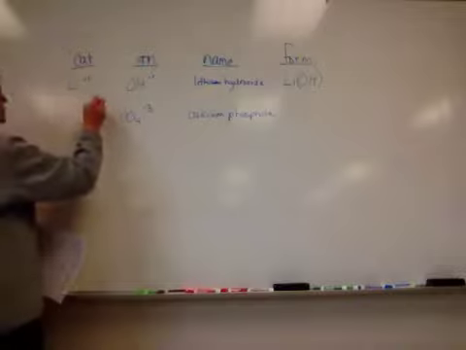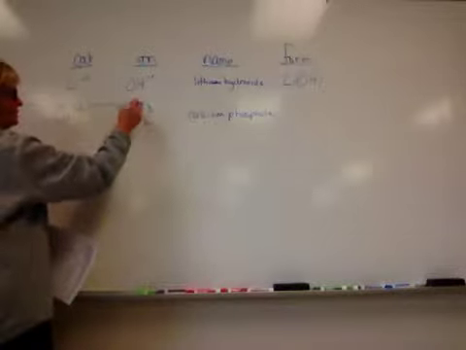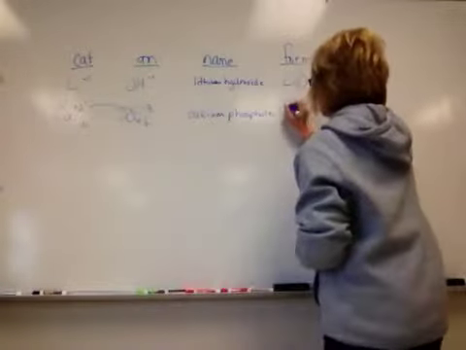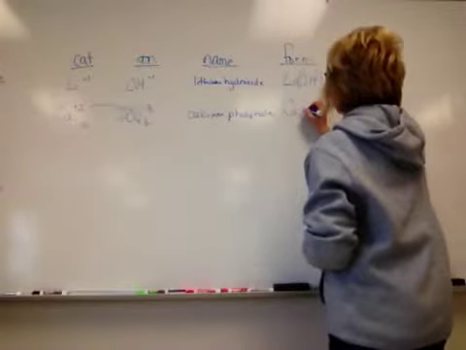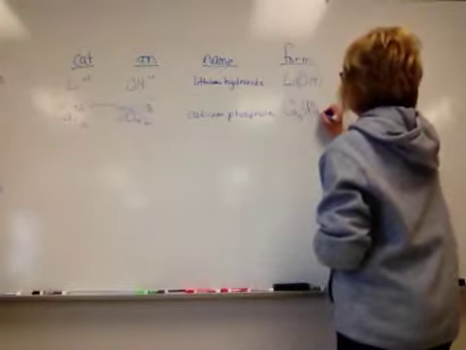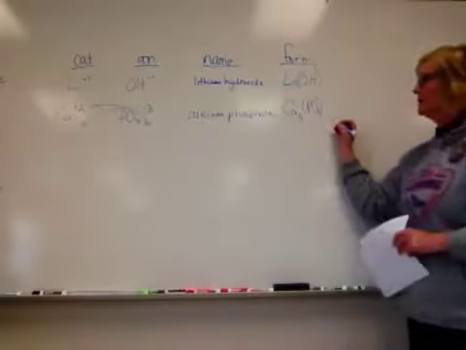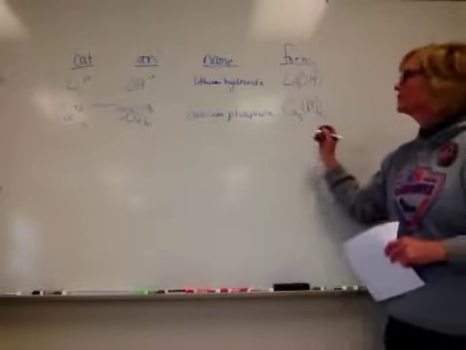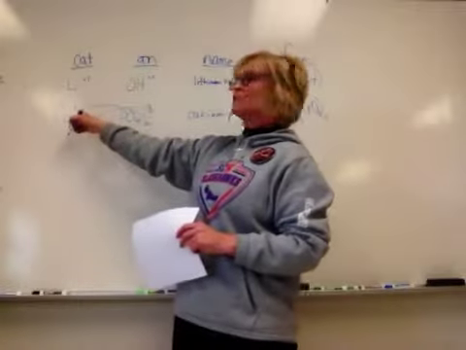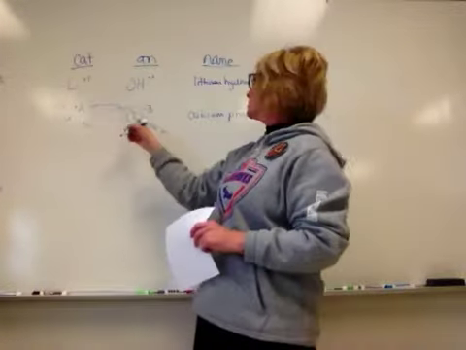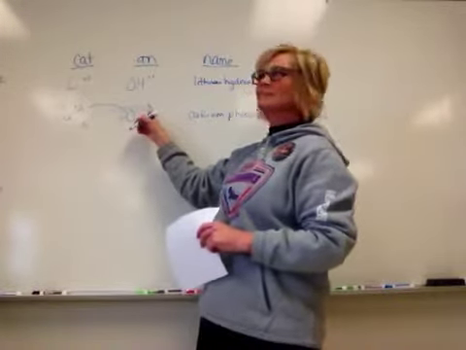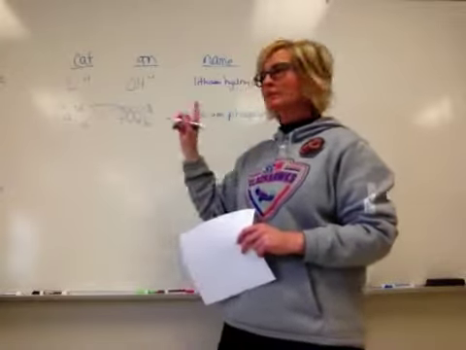To do the formula, I would do the cross down. So I would need how many calcium? 3. And I would put my phosphate in parentheses and need how many? 2. 3 times 2 gives me 6. 2 times 3 gives me 6. It's balanced. It should work.